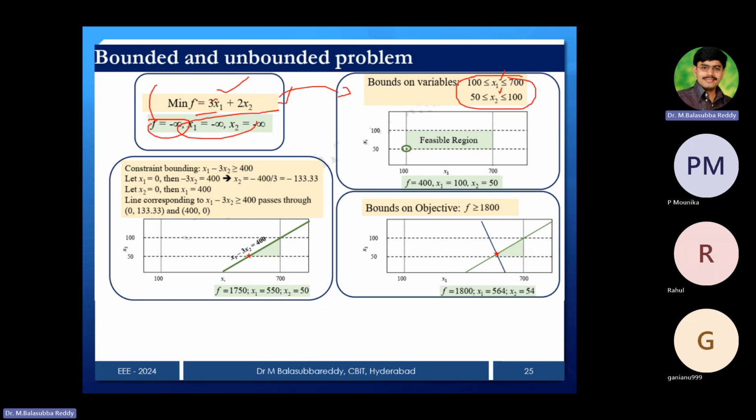So whatever you are going to minimize, x1 must be 100 to 700, and x2 is 50 to 100. Within this only we need to consider.